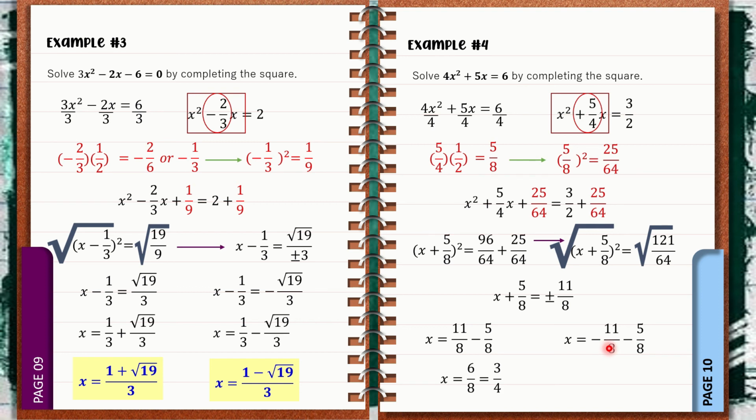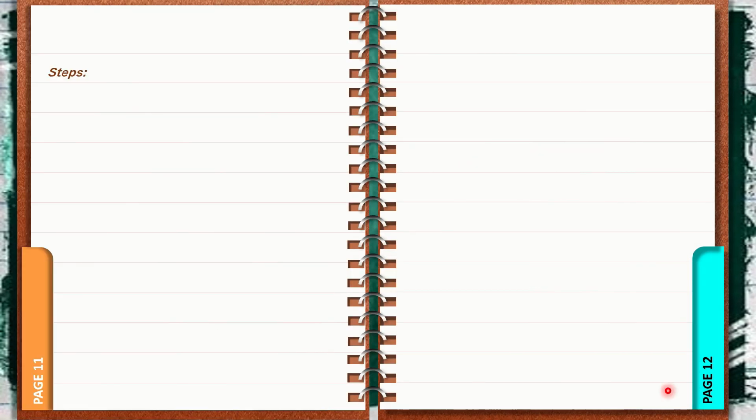Next, negative 11 eighths minus 5 eighths is equal to negative 16 eighths, which is also equal to negative 2. Therefore, the solutions for 4x squared plus 5x is equal to 6 are 3 fourths and negative 2.